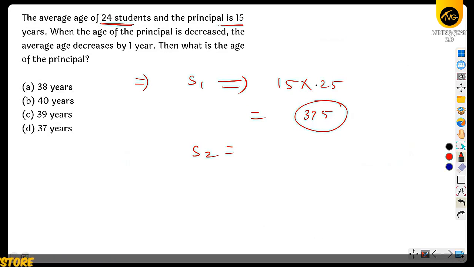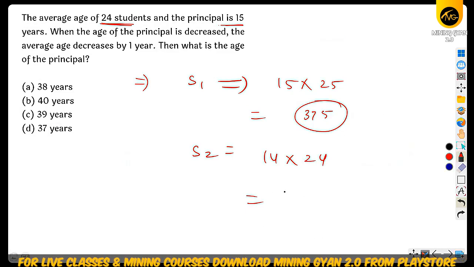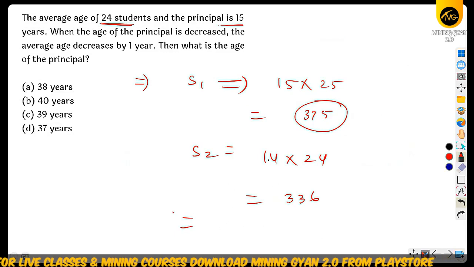that is 15. If the average age is decreased, if we remove the principal's age, then in this case we have 14 into 24. Now it will be 336. So just S1 minus S2 in this case.